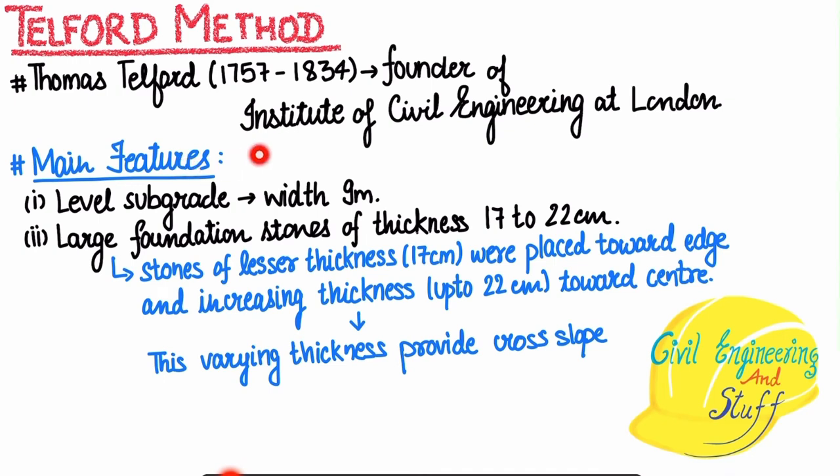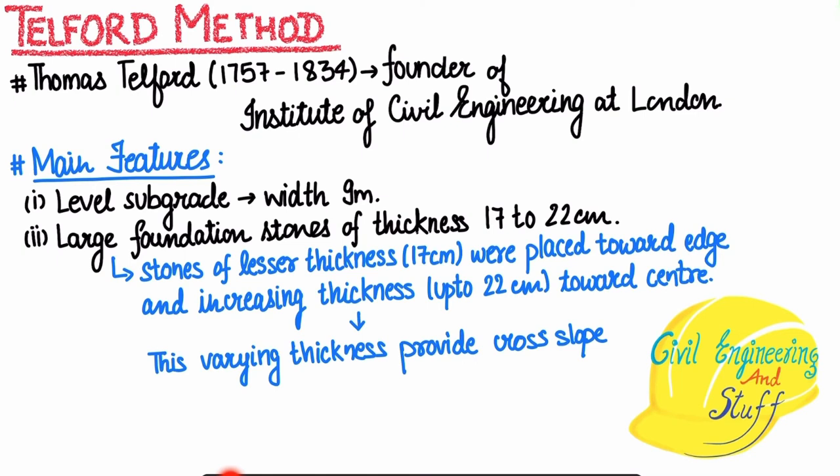Now, the main feature of the Telford method was that, first of all, the subgrade width was around 9 meters, and though this method again used large foundation stones, the size of stone varied from 17 to 22 centimeters, while the previous methods only used foundation stone of the same size.